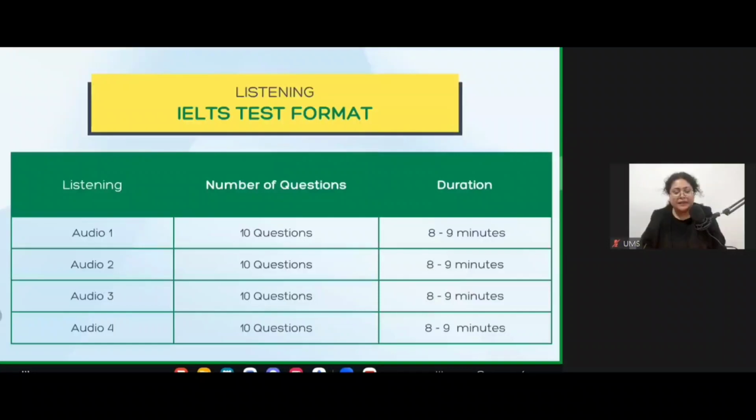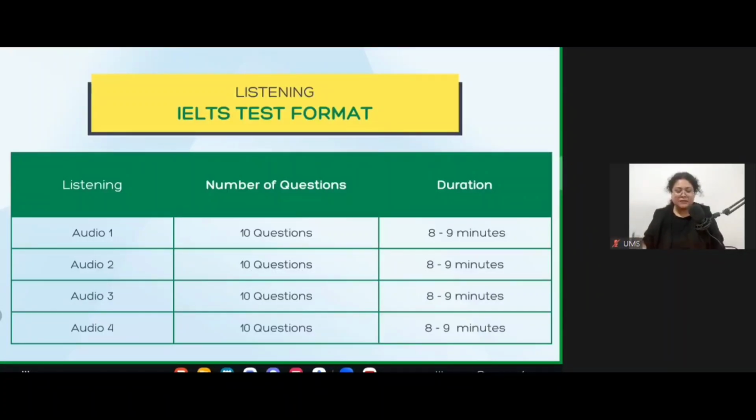And when it comes to listening, again, we have these 4 subsections, or these 4 audios which are played, right? And the first audio always has everyday scenarios, like very general scenarios. Could be booking a banquet hall, could be just a random conversation on going for a picnic, something very general, usually among 2 people.